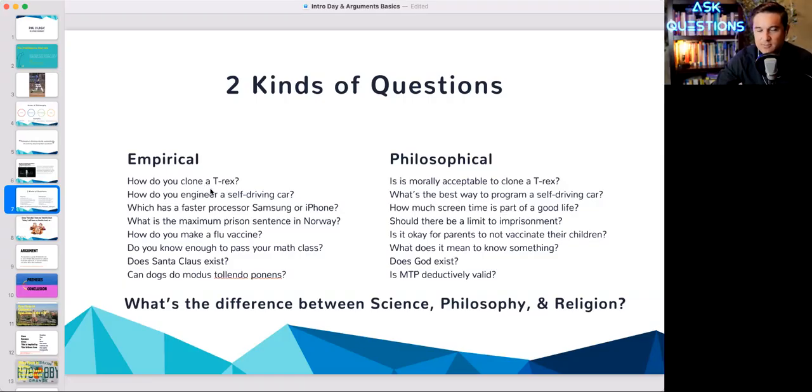To answer this question, you have to engage in the scientific method. You have to perhaps start with observations and then form a hypothesis and then put that hypothesis to the test. You have to do experiments. And then you have to see if your hypothesis is confirmed or disconfirmed. And then you have to tweak your hypothesis if it turns out that it's disconfirmed. And if it's confirmed, then you have to go through the process again because you want the results to be repeatable. You have to bounce your finding off of other scientists.